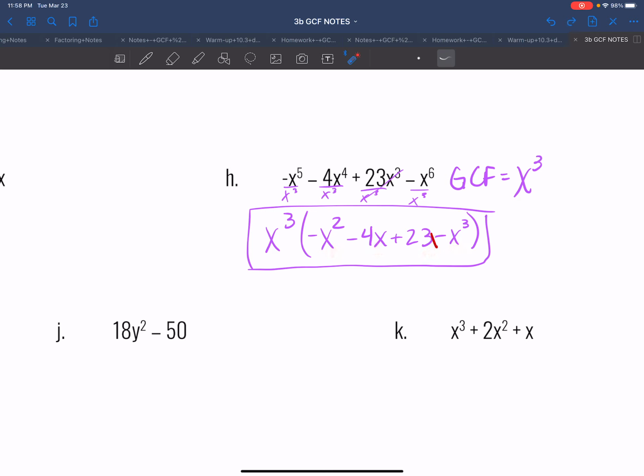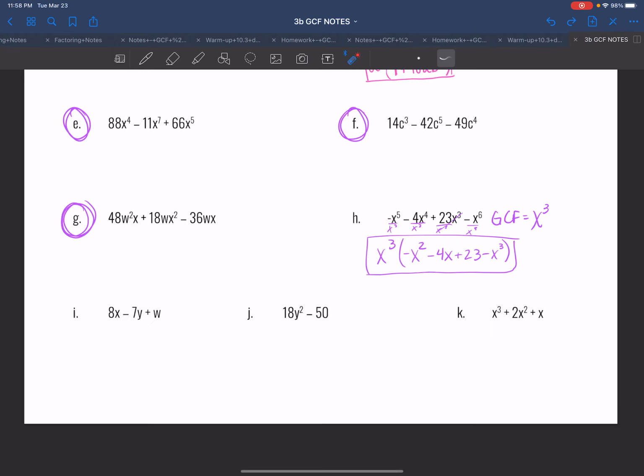So you want to make sure you took out the greatest common factor. Make sure that when you look back through your final polynomial, there are no remaining common factors there.